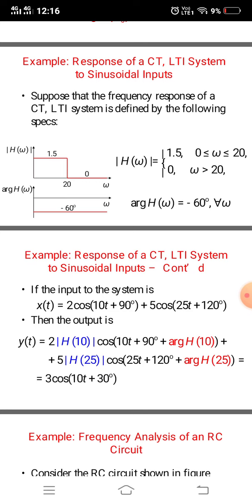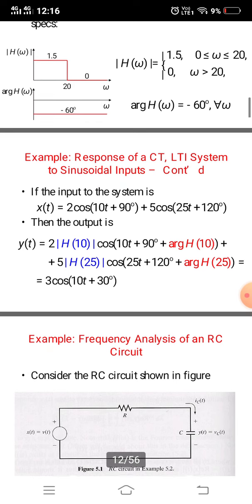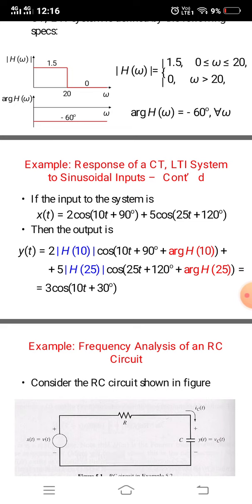So y of t equals 2 times H of 10 cos of 10t plus 90 degrees plus arg H of 10, plus 5 times H of 25 cos of 25t plus 120 degrees plus arg H of 25. This summation gives 3 cos of 10t plus 30 degrees.